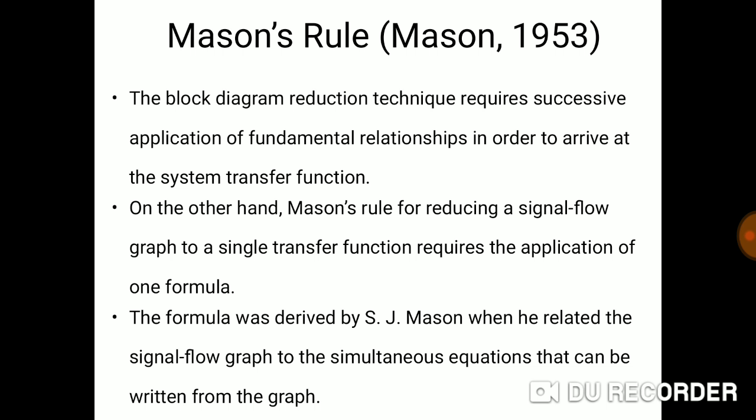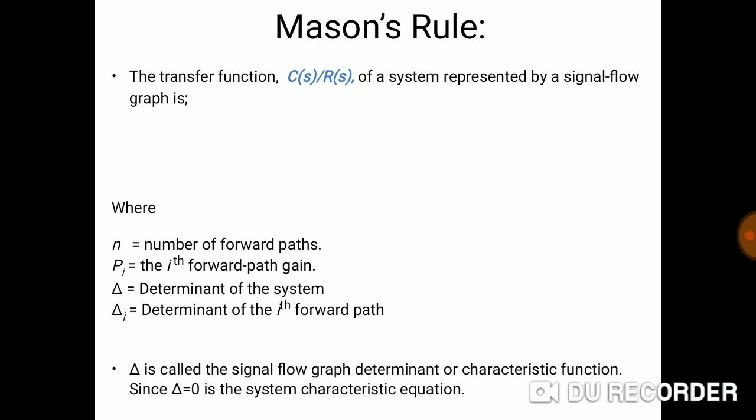The formula was derived by S.G. Mason when he related the signal flow graph to the simultaneous equations that can be written from the graph. Here we will discuss Mason's gain rule for C of S divided by R of S for a given system signal flow graph.